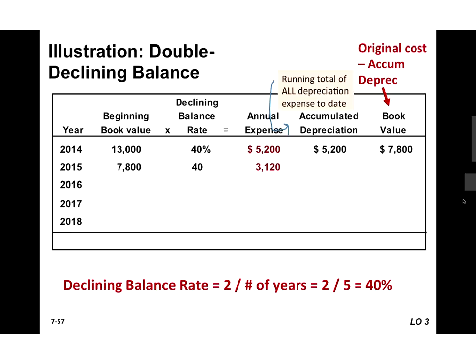Our accumulated depreciation will be last time's accumulated depreciation plus the depreciation expense for this year. So $5,200 plus $3,120 gives us $8,320.